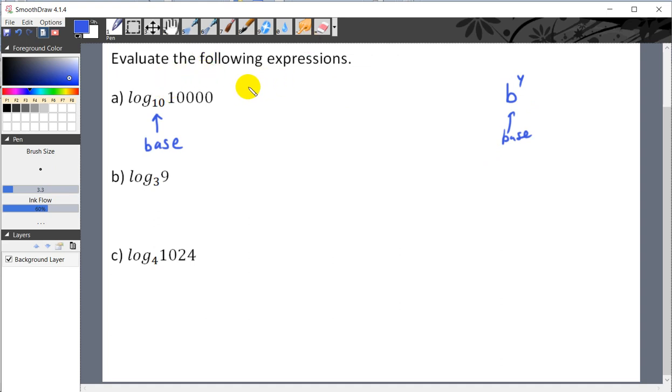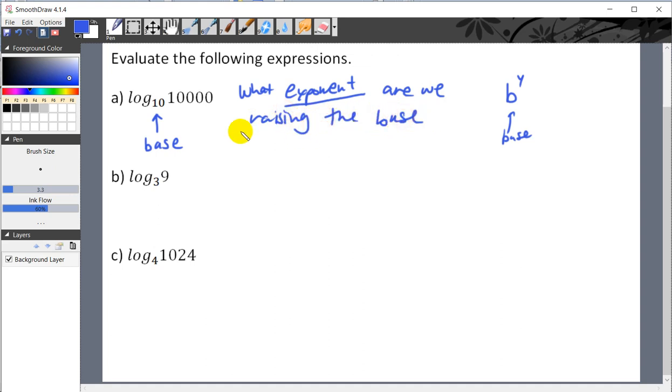In order to evaluate this, it basically says: what exponent are we raising the base of 10 to, to get 10,000?